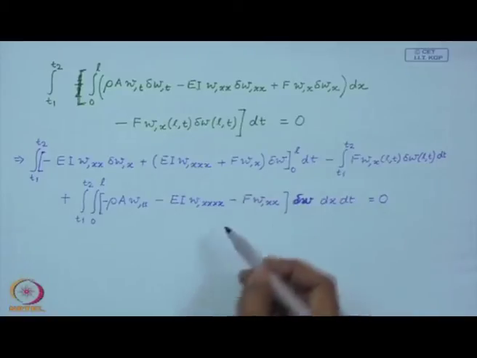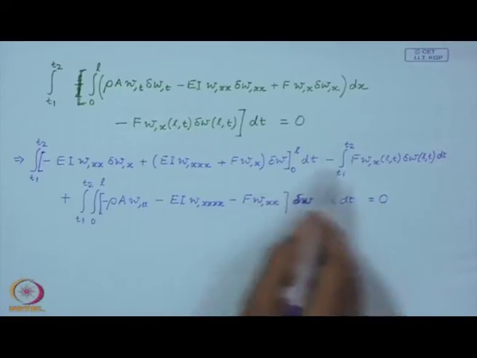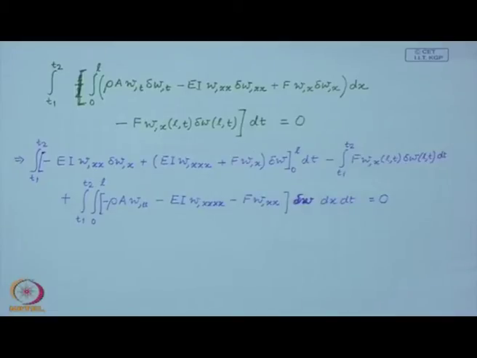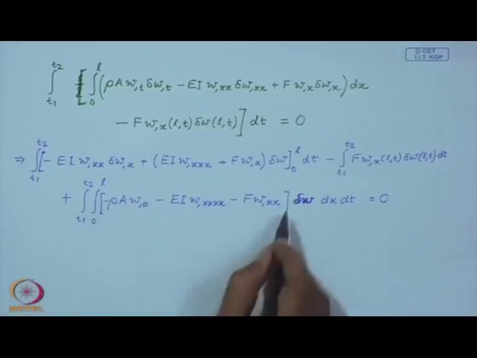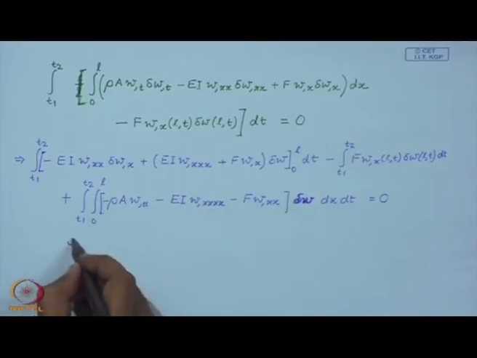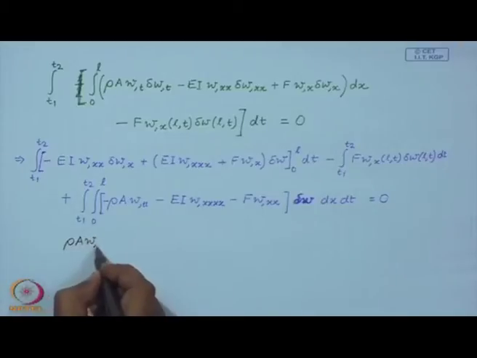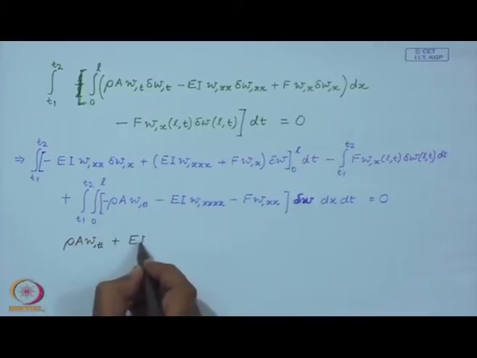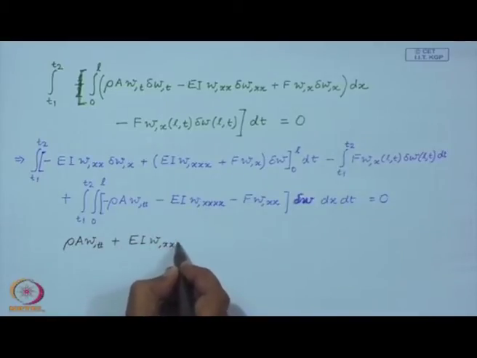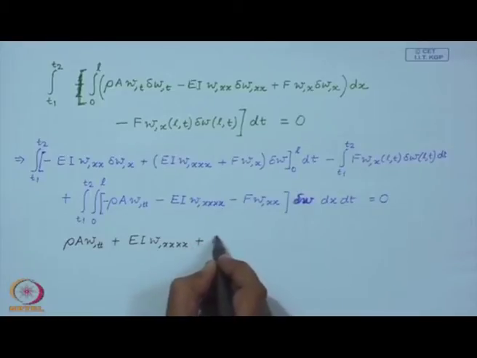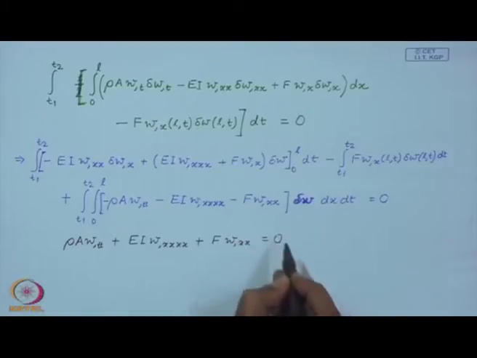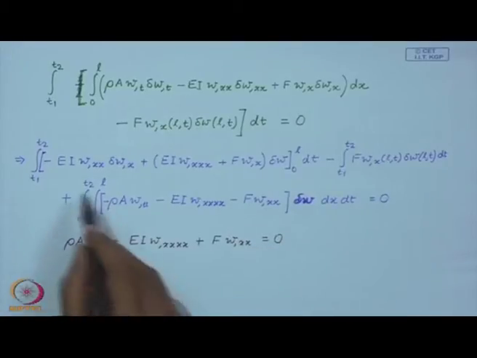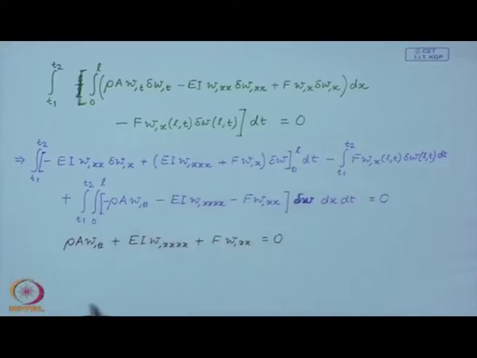Now, using the standard arguments that the variation over the domain and over the boundary must vanish independently, we can easily see that from here we obtain the equation of motion and then the boundary conditions, considering that the beam is a cantilever beam.